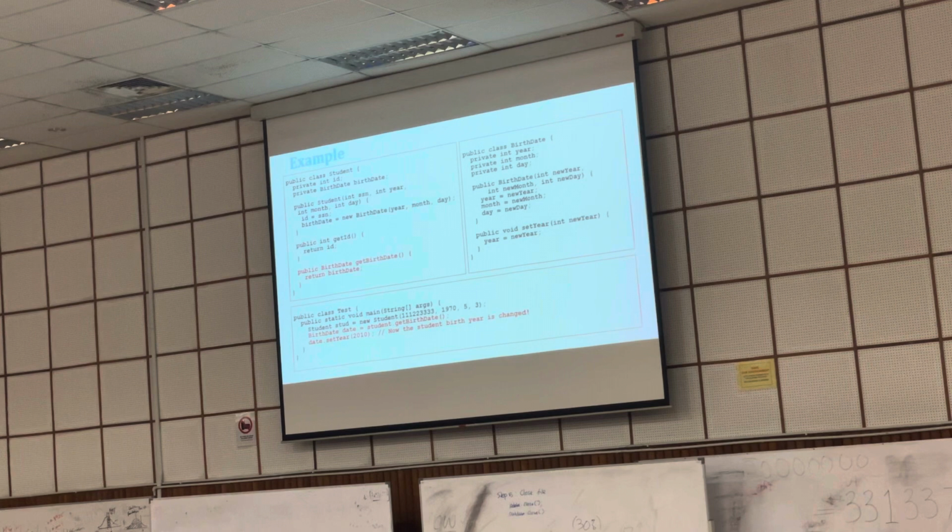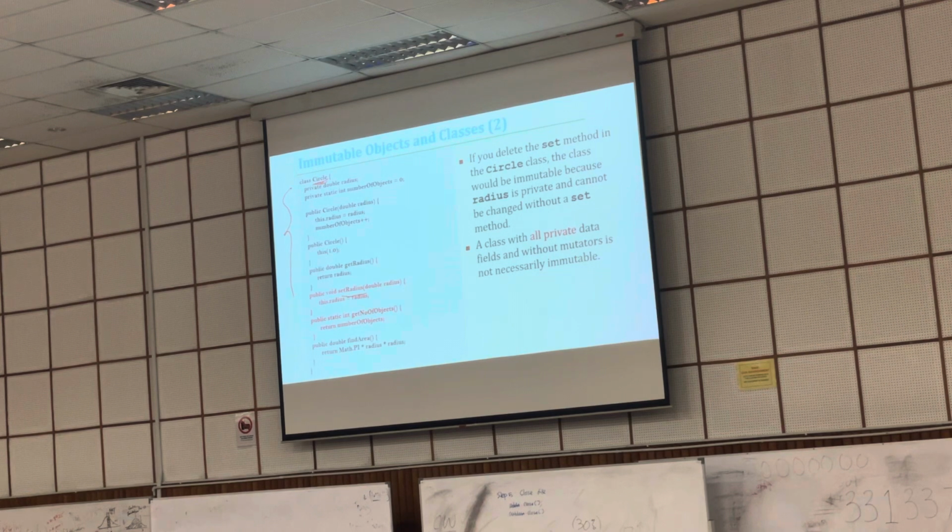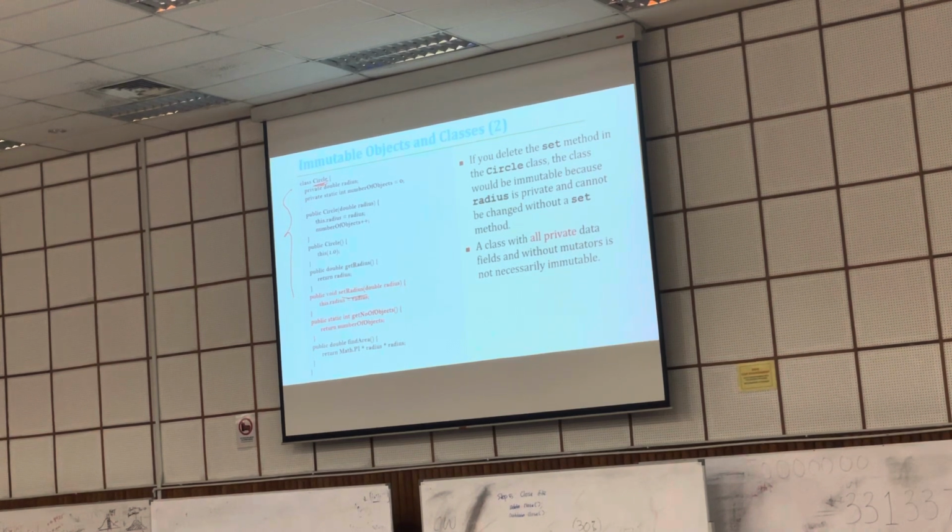But how if I want to make it immutable? A class with all private data fields and without a mutator is not necessarily immutable. That means if I remove this one, mutator means it is a setter method, right? If I remove this one, is it considered my circle is immutable? Is it immutable?